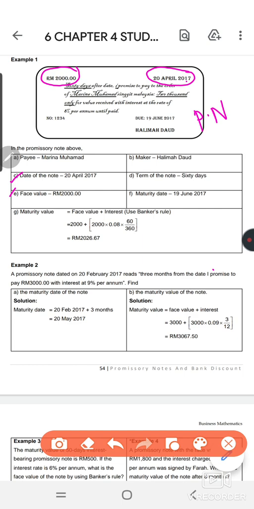So yang ni cara kita nak buat nota perjanjian ataupun promissory note. Maknanya atas ni tarikh yang kita buat note ni.